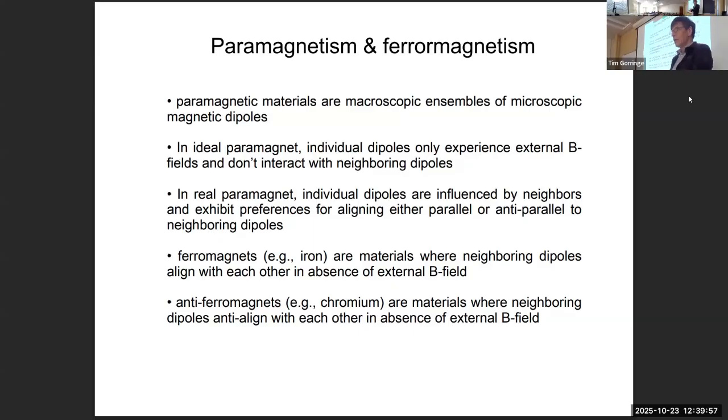It really depends on details of the overlap of the wave functions of the electrons that produce the dipole moments. So it comes down to the detailed structure, orbits, and wave function overlaps of the electrons with neighboring electrons as to whether a material is ferromagnetic, like iron, where the dipole moments want to line up, or antiferromagnetic, like chromium, where the dipole moments want to be in opposite directions to one another.